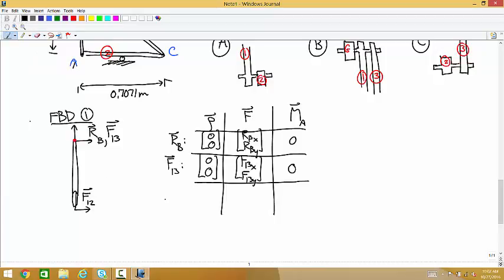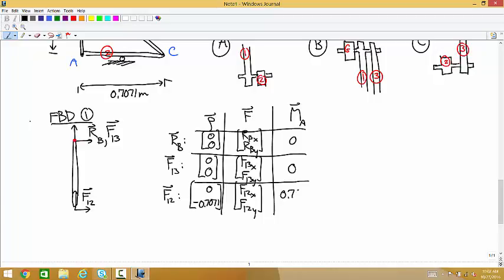And then the last one is F12. What's the rho vector for that? Yep, right. It's 0.7071 in the negative y direction from the about point. So that's 0, negative 0.7071. Anyone confused about that? And the force vector is F12x, F12y. And then the moment is 0 times F12y minus negative 0.7071 times F12x.